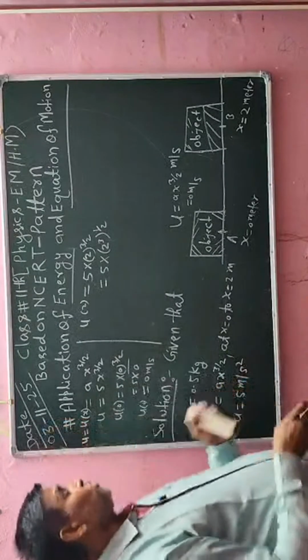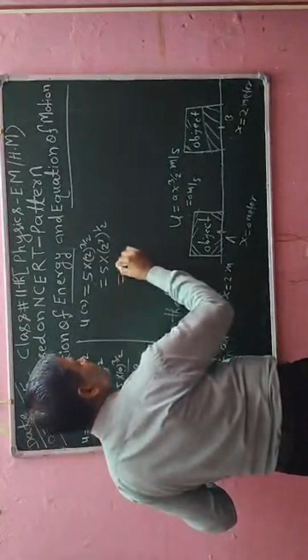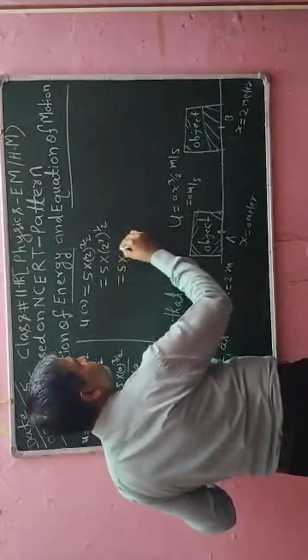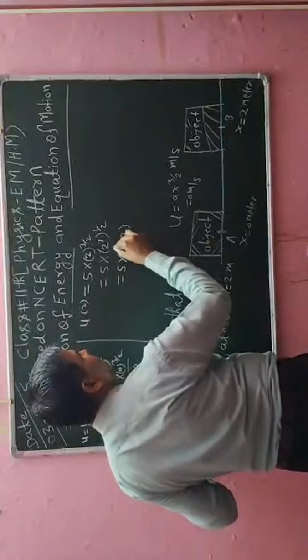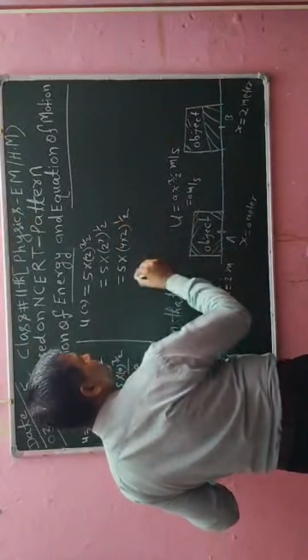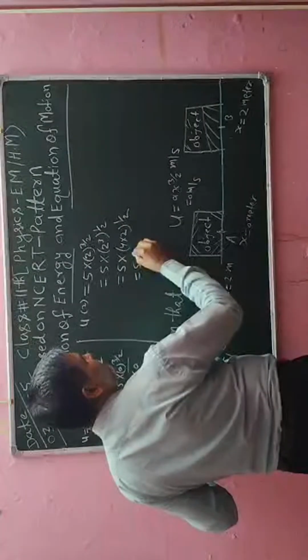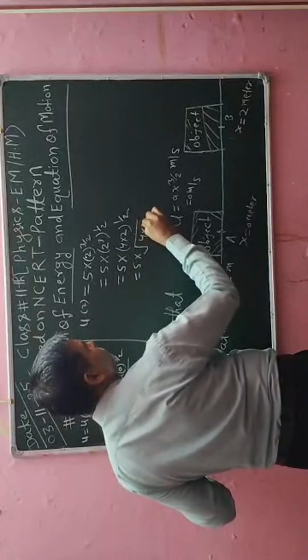Okay, now you concentrate here. I'm going to resolve its solution. So here I can write 4 into 2, 4 into 2 power 1 by 2. In other words, I can write 5 into root of 4 into 2.